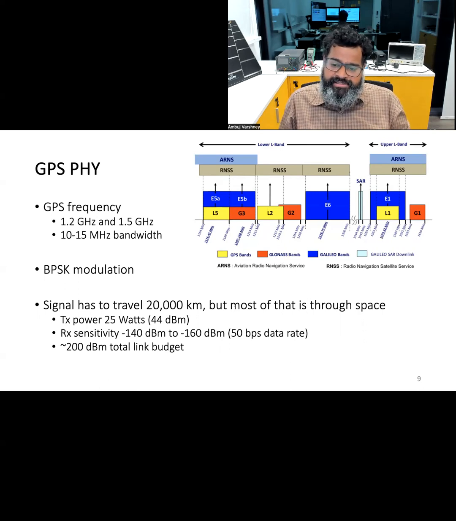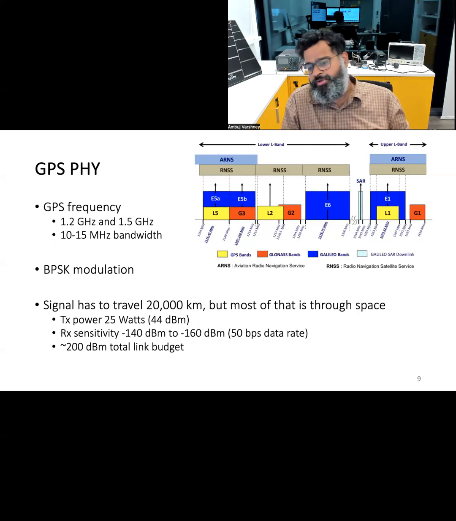Since GPS signals are very weak, the receive sensitivity, or the minimum signal strength you would want to receive at the GPS receiver, is about minus 140 to minus 160 dBm. And we are talking about a data rate of just 50 bits per second. So GPS is a very weak signal at a low data rate, but it allows you to perform localization.